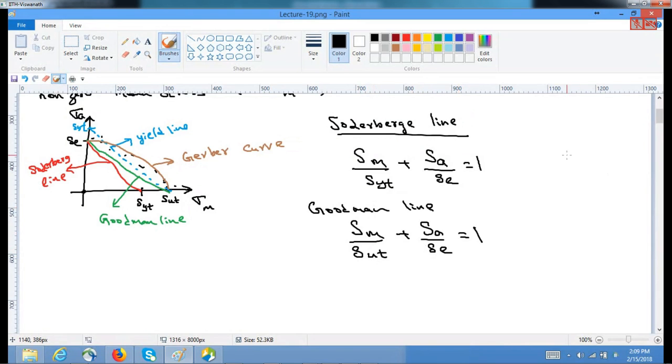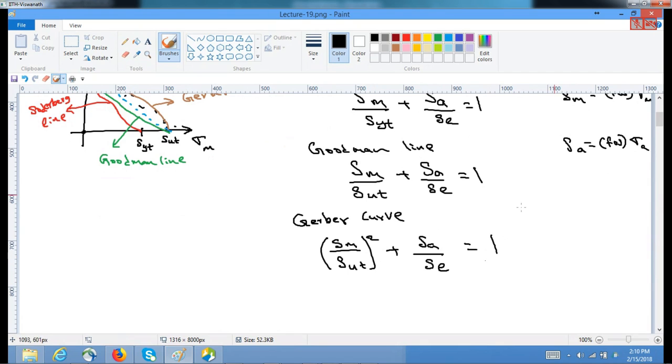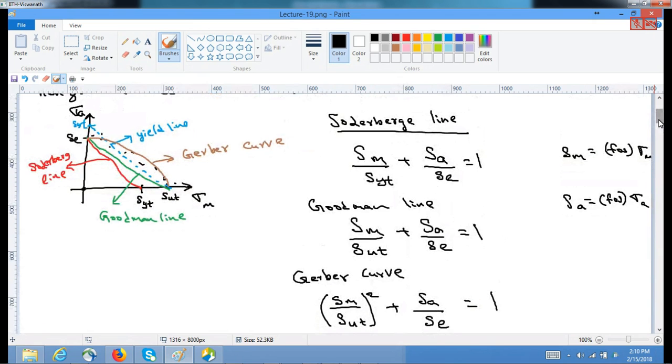We know that Sm is equal to factor of safety times sigma mean, and Sa is equal to factor of safety times sigma A. In the Gerber curve, we have shown that it would be quadratic, so whole square in the Sm, and that is the Gerber curve.